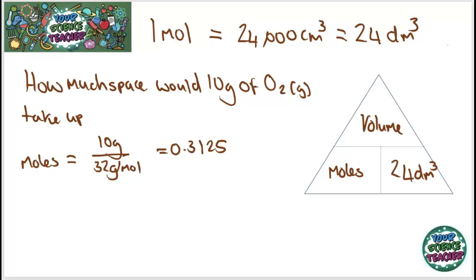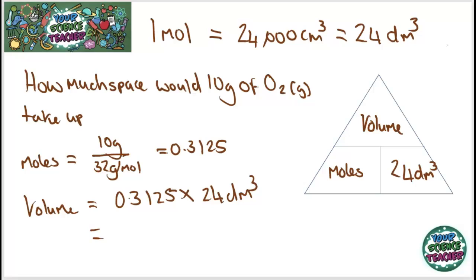And then to work out the volume, we could do the moles, which is 0.3125, times by 24 decimeters cubed, and that will give me the volume in decimeters cubed. And the answer for that is 7.5.